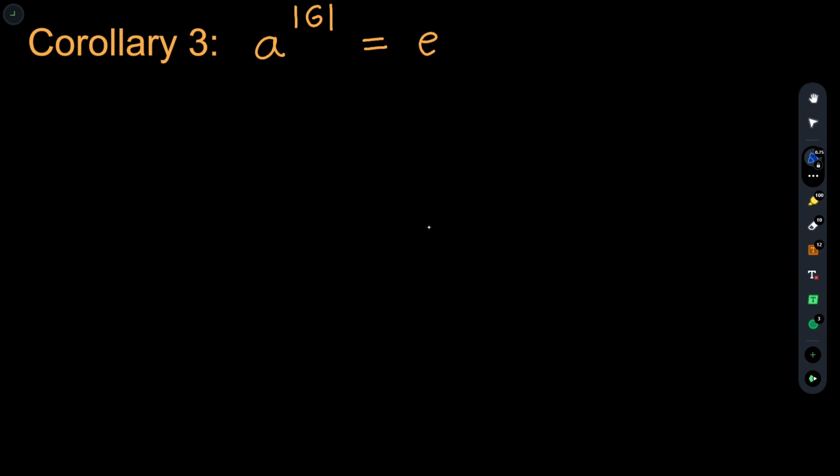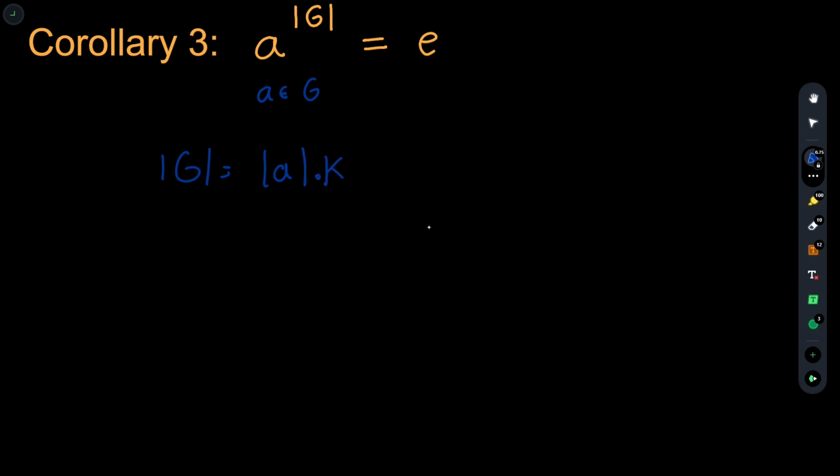So this is our final corollary, and it states that a to the power of the order of G is equal to the identity member, where a is in our group. The way we're going to prove this is just substituting the order of G by the order of a multiplied by something.